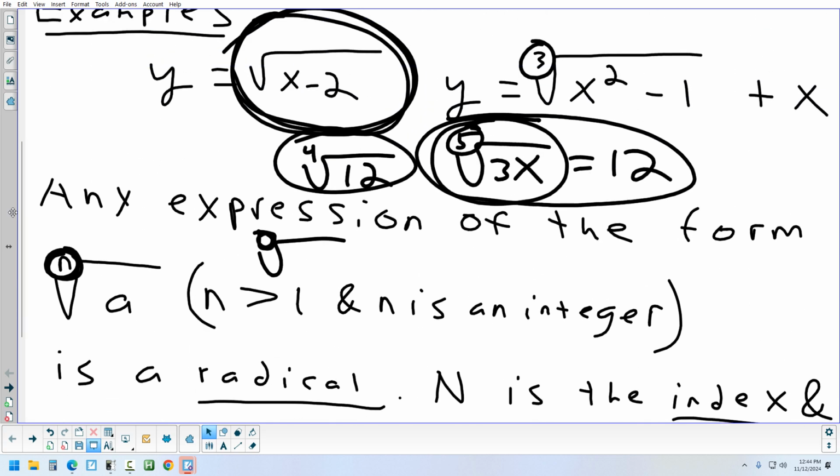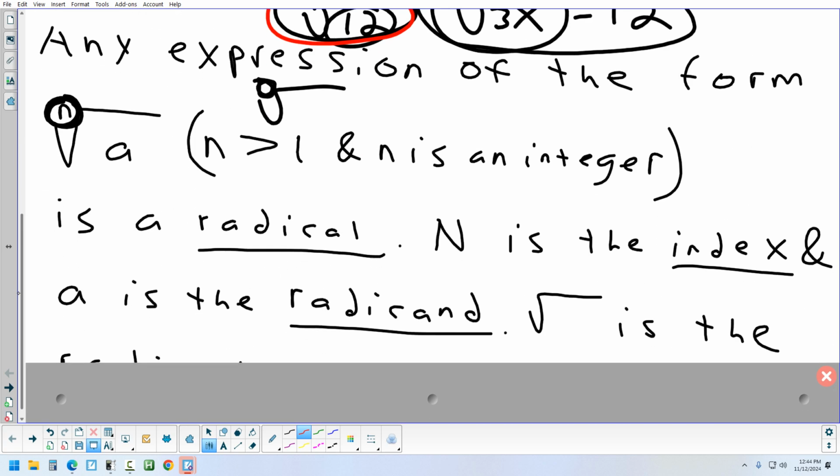The part that you put underneath the radical sign is called the radicand. So in this one that I just circled in red, 12 would be called the radicand. It's what's underneath the root symbol. How do you spell that? R-A-D-I-C-A-N-D, radicand.